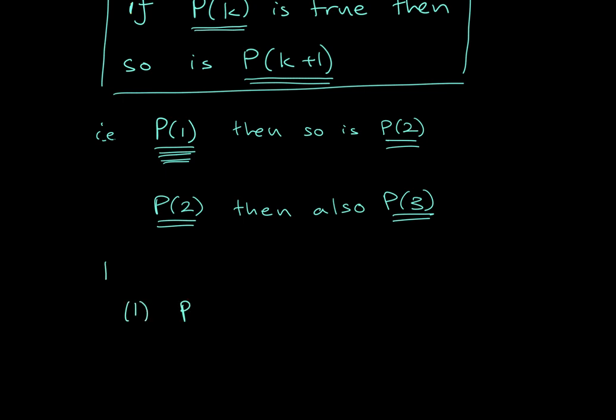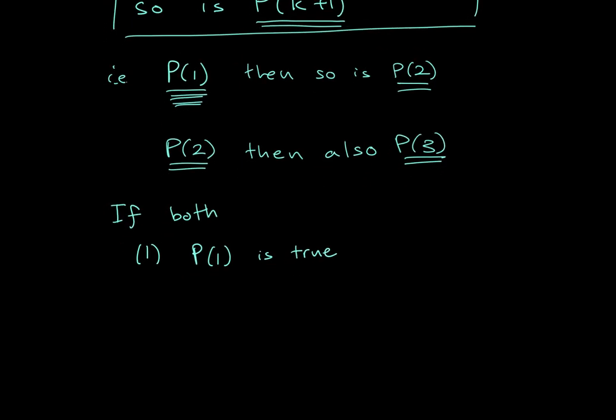If both p of 1 is true, and 2, if p of k is ever true, then so is the next one.